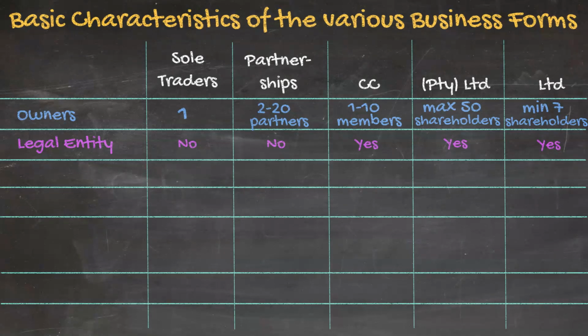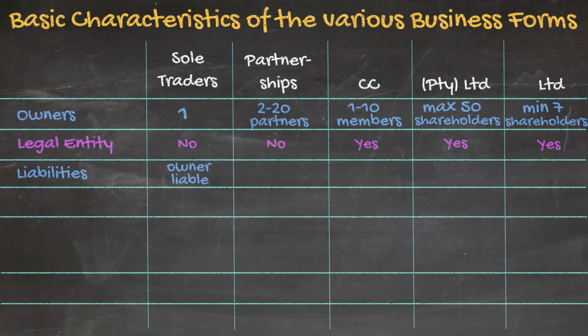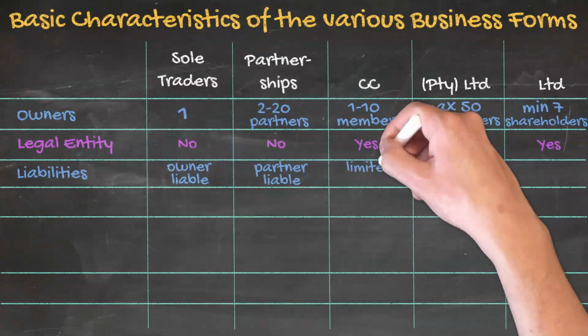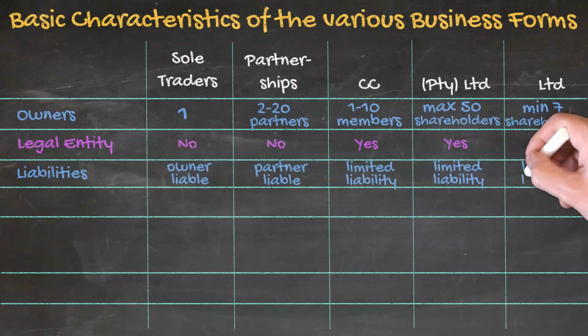So, who is responsible for the liabilities of the entity? With sole traders and partnerships, the owners are liable for the business debt. But owners of CCs, public and private companies have a limited liability, and they are not liable for all the business debt.